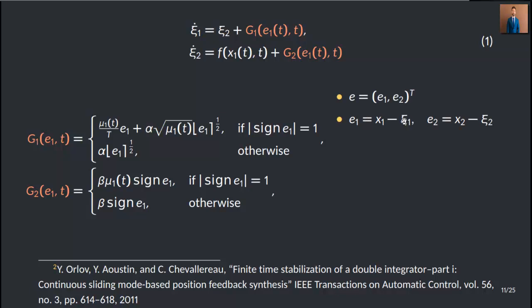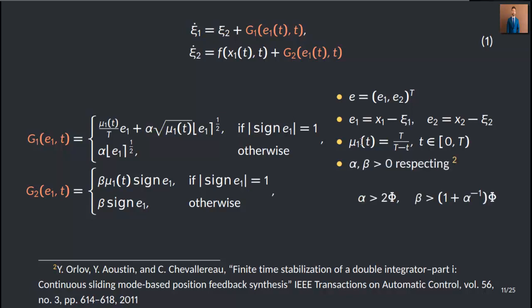So E1, E2 are the position and velocity observation error components of the observation error vector E. Mu1 is the time varying gain that tends to infinity as the time approaches capital T, and alpha, beta are positive constants respecting the inequality that I'm presenting here.